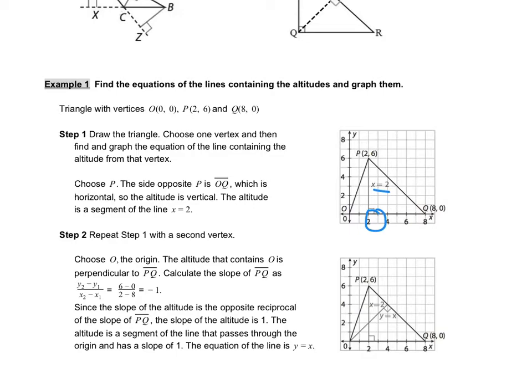So we want to calculate the slope of PQ, and you can see that work just like we did in our algebra refresher video. It shows we have (6 - 0) over (2 - 8), which simplifies to -1. As we move from left to right on segment PQ, it goes down, so that makes sense why our slope is negative.